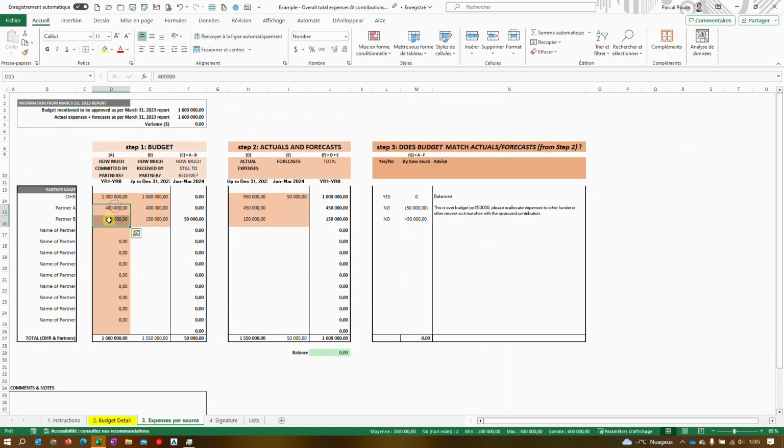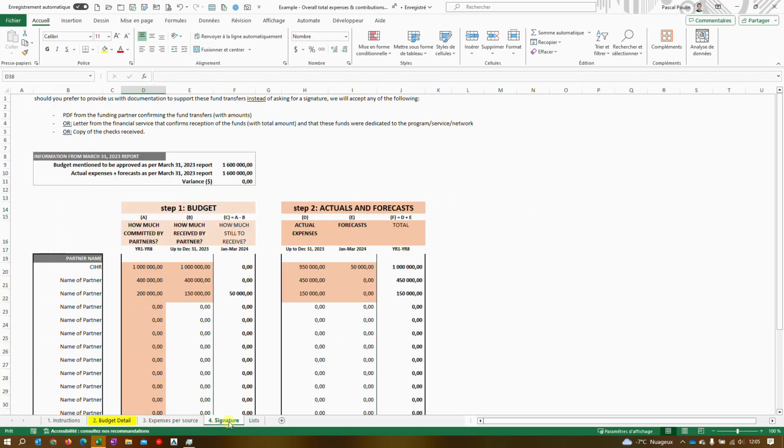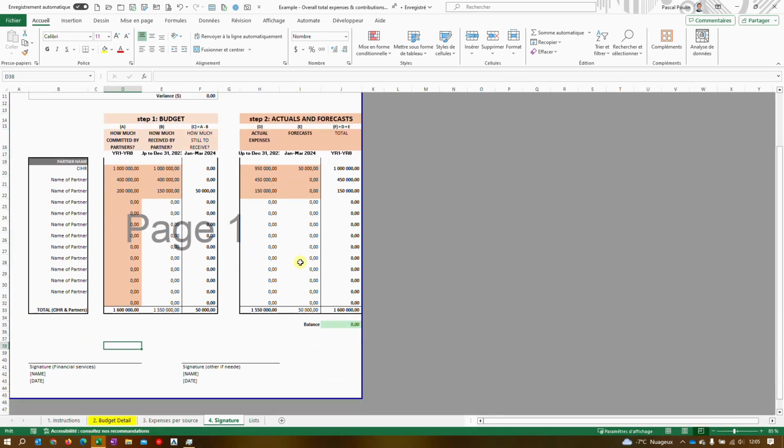And the last part is to have the confirmation, either confirmation of a letter of commitment from those different partners here. That could be a copy of checks, or that could also be to use the signature page here. As you can see here, the numbers will appear directly because they are linked with tab number 3.